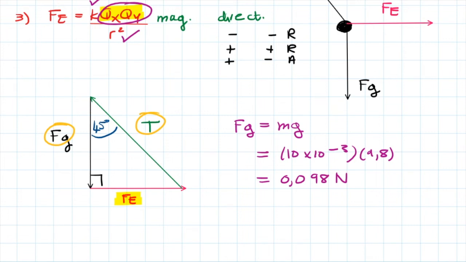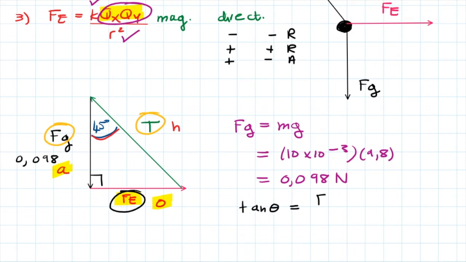We still need to calculate the electrostatic force. So we know this side of our triangle is 0,098 in its magnitude. We have this angle, and relative to that angle, the tension is the hypotenuse, Fg is the adjacent side, and Fe is opposite. So we have the adjacent side and we are looking for the opposite side. So that means we can use tan in order to calculate Fe.